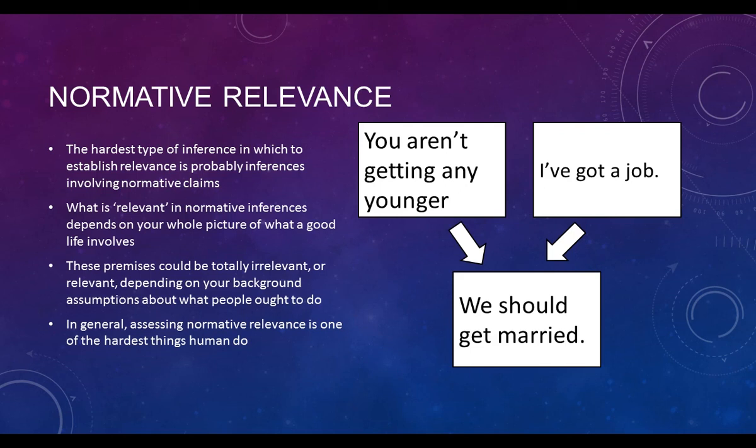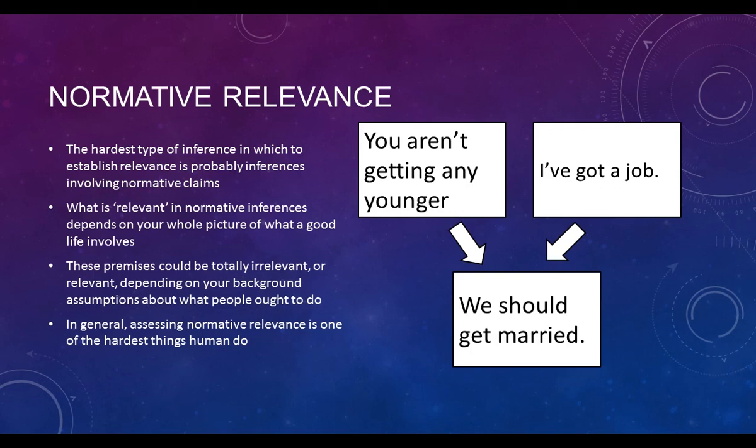So all of your ethical theory is background to determining what's relevant or irrelevant. So if somebody's whole purpose in life is to work as little as possible, be taken care of in material ways as much as possible, and that's it, you have no other concerns, then these might be relevant premises to you, right? You might at least find the "I've got a job" one to be relevant.